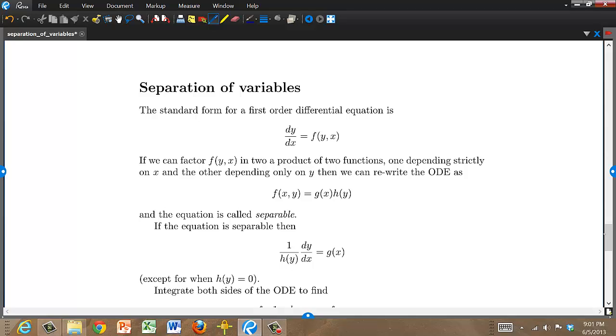Okay, so any first order differential equation can be written like this: dy/dx equals something on the right-hand side. All this means is that there's something on the right-hand side that has y's and x's in it.